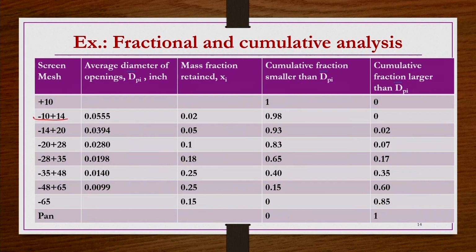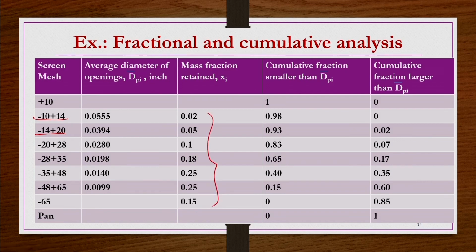Whatever the material retained on 14 mesh, that should be minus 10 plus 14. So, what do you mean by minus 14 plus 20? The material that is passed through 14 mesh, but retained on the 20 mesh, like that their corresponding mass fractions are given.